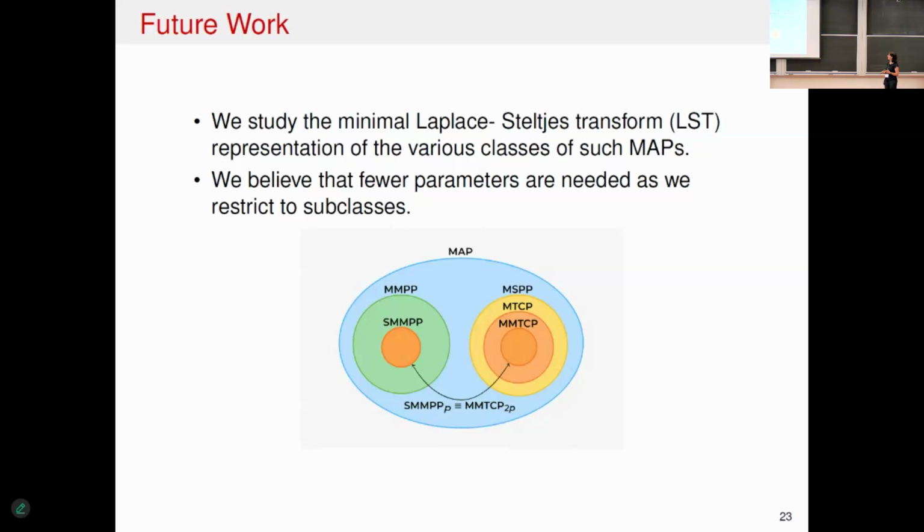We believe that if we go to the subclasses of these MAPs, we need fewer parameters to describe them. That is the reason we are in the middle of doing this: it is one way of showing that MTCPs or matched MTCPs could be better than slow MMPPs, because we need fewer parameters to represent them. Okay, thank you. That was all.